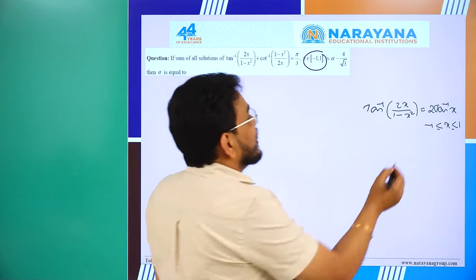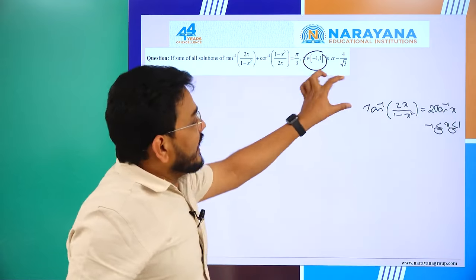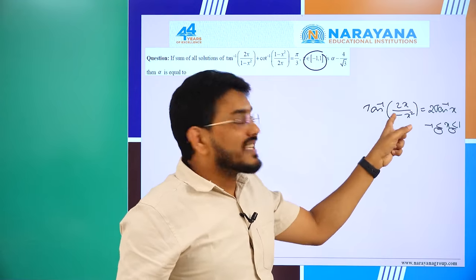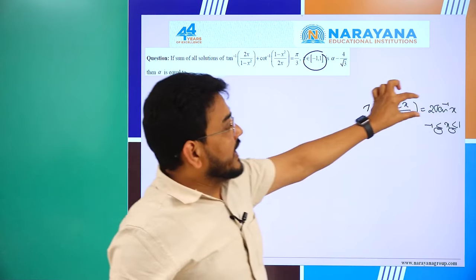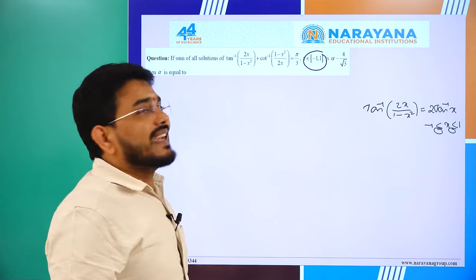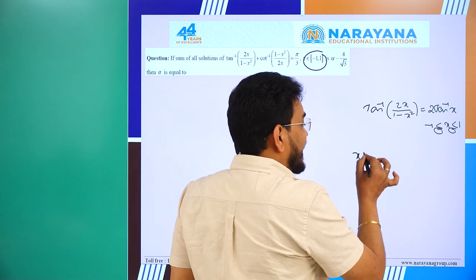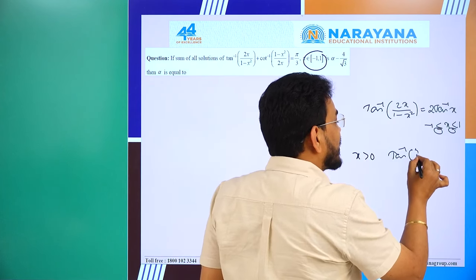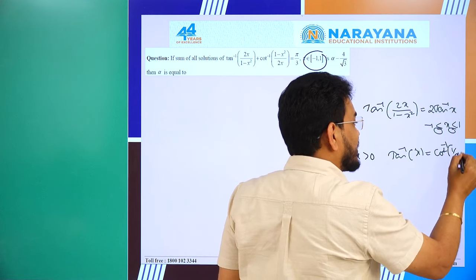But here you need not take the boundary values. Because x is not part of plus 1 and minus 1 is not part of the domain, you will get 2 tan inverse x. That is the primary thing. Next one is x greater than 0, tan inverse of x is equal to cot inverse of 1 by x.